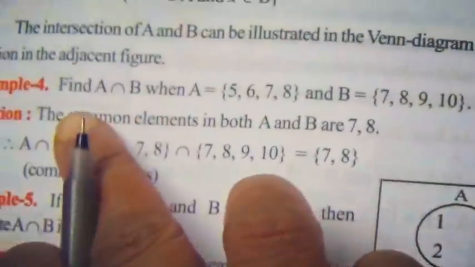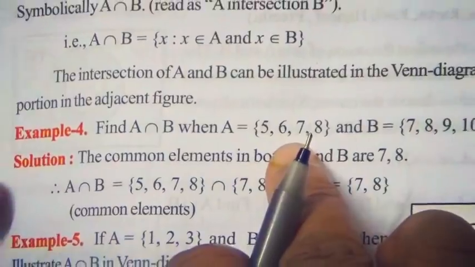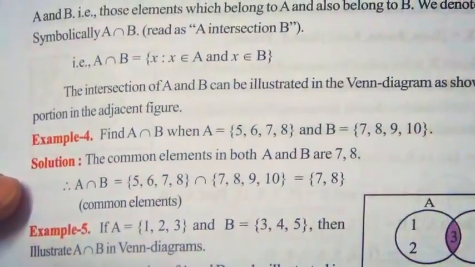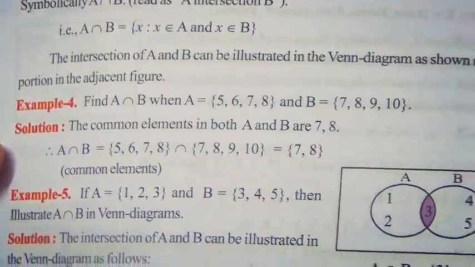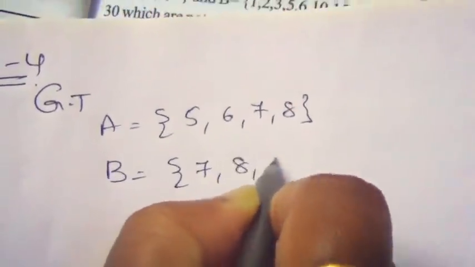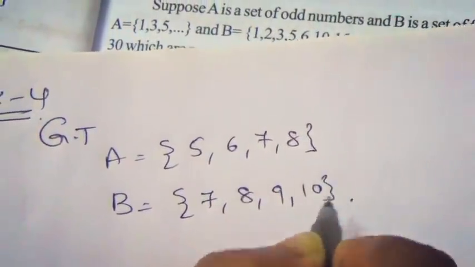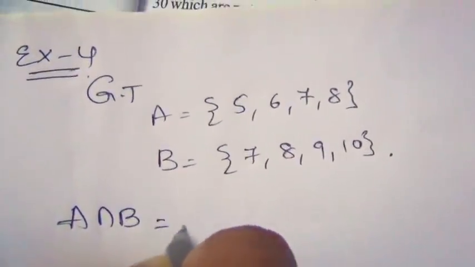Given that, find A intersection B when A is equal to {5, 6, 7, 8}, B is equal to {7, 8, 9, 10}. How can we find out this A intersection B?